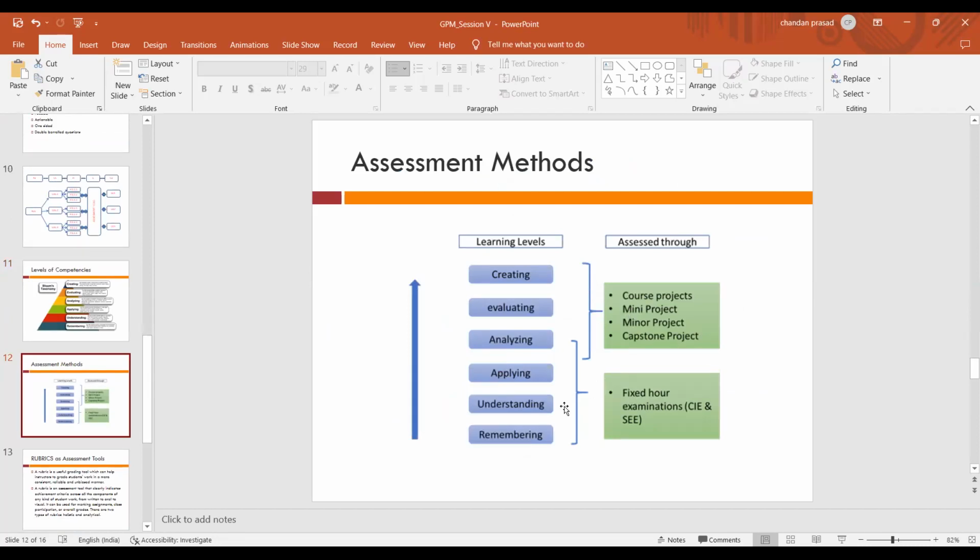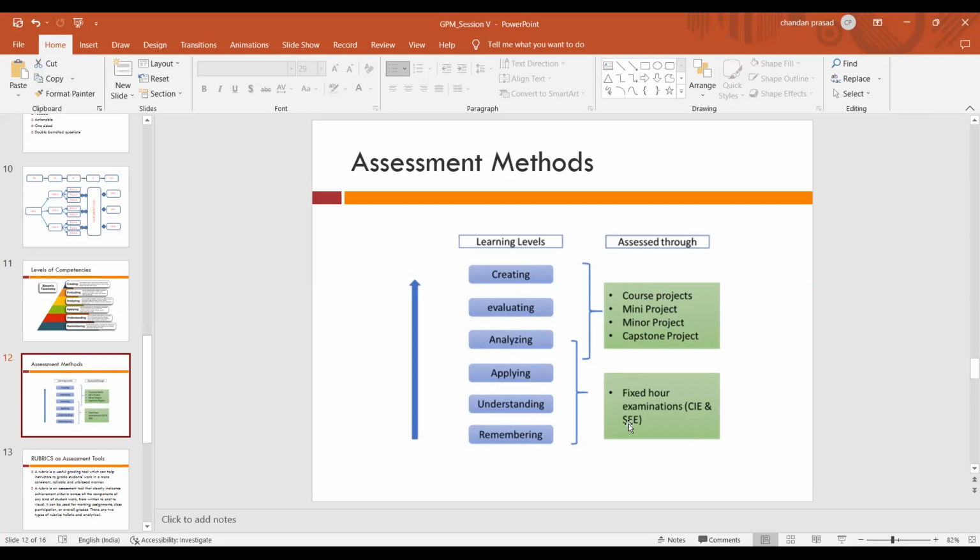In the examination, especially, level 2 understanding, applying, analyzing. In some part we can also test evaluation. But creating will mostly be assessed through the project only.